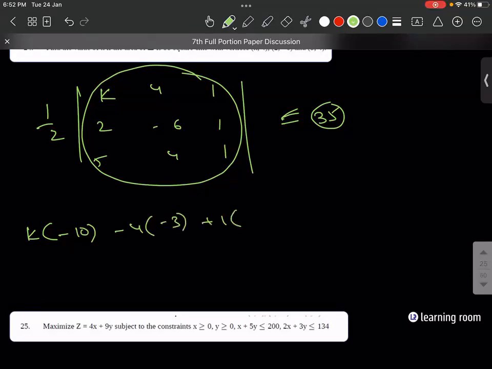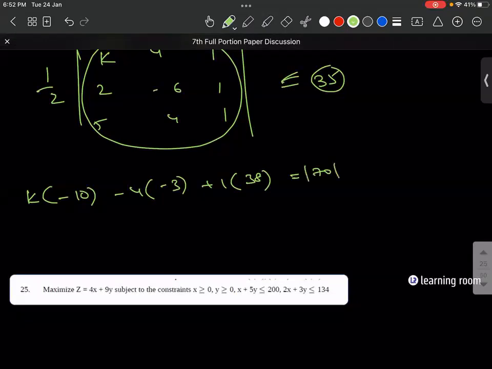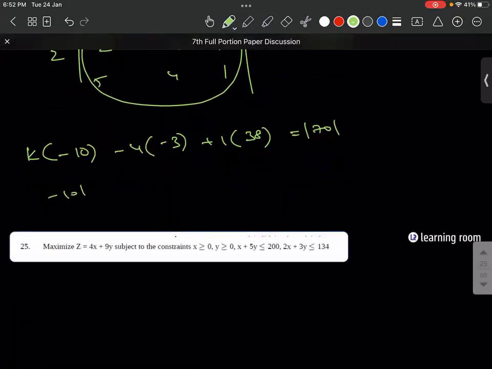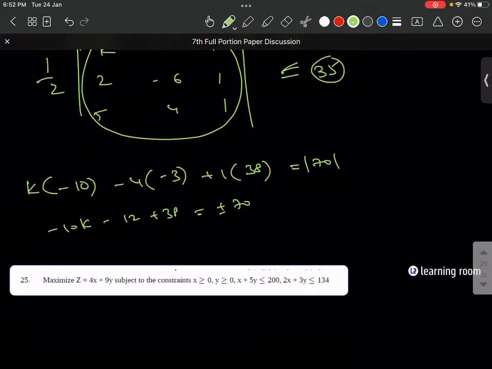Plus 1 into 8 plus 30 is 38. Correct? Is equal to 70. Actually, it is modulus of 70. So minus 10k minus 12 plus 38 is equal to plus or minus 70, because this side you actually use a modulus. You might get a positive value, you might get a negative value.